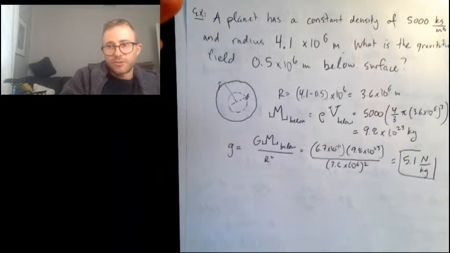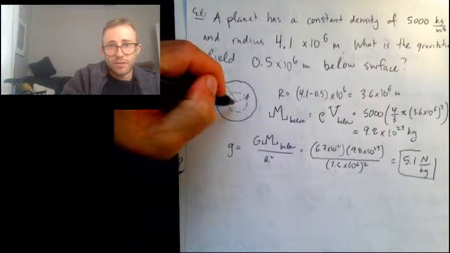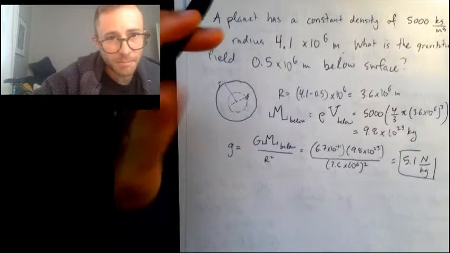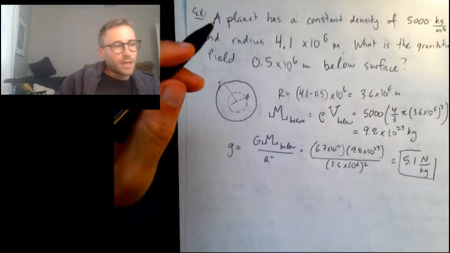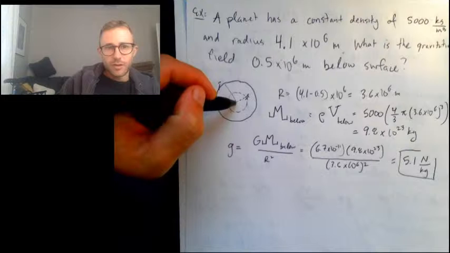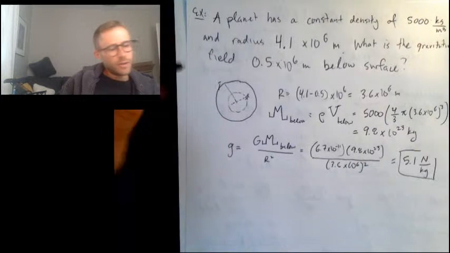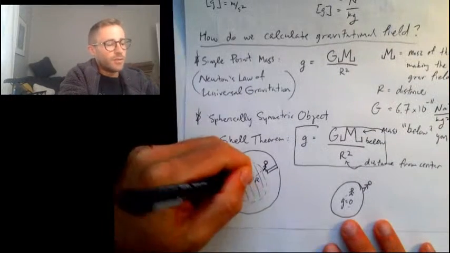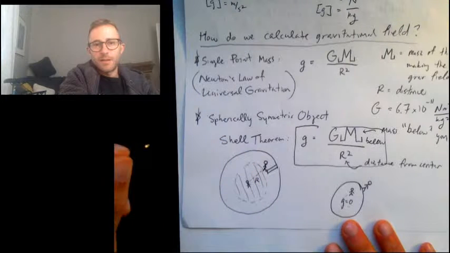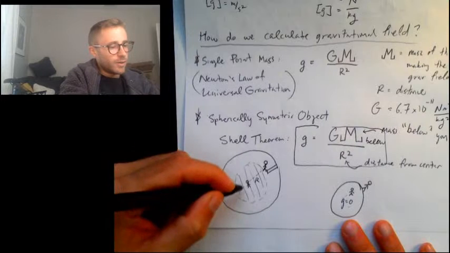There are more advanced Shell theorem problems where, for example, the density of the planet is not constant, because in a realistic planet, as you go deeper and deeper, the density increases. So there's the highest density in the center. Another interesting point about the Shell theorem is that if you are at the center of the planet, all the mass is above you.